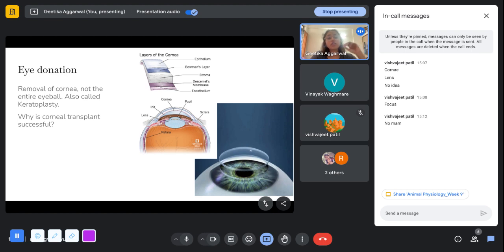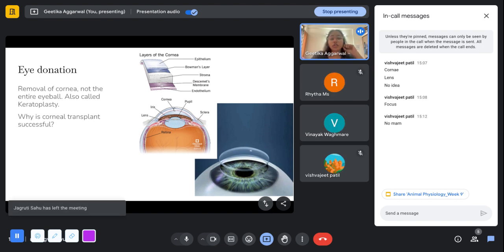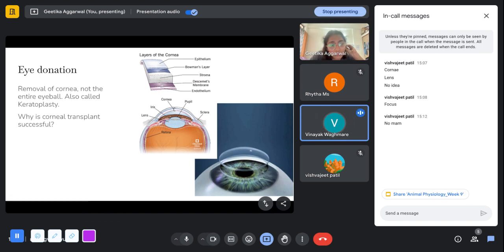So mostly in LASIK they use laser, and they cut out a very thin layer of cornea so that you can look clearly. Okay, but we didn't want to wear the spectacles after the surgery. Yeah, you don't have to wear specs after that surgery.